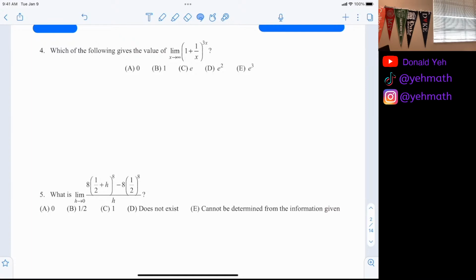The limits for cup one. Okay, definition of derivative. Definition of algebra.